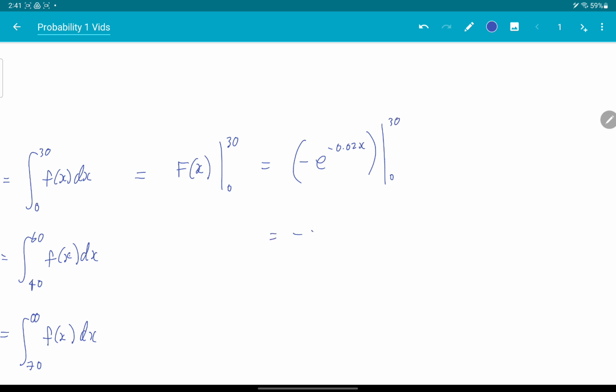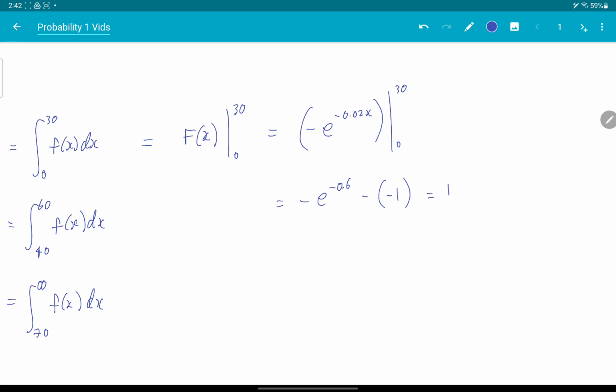Plugging this in, I get negative e to the negative 0.6. And then when I plug in the 0, I get minus 1, giving me 1 minus e to the negative 0.6. And I plug this into my calculator, and I get about 0.4512.